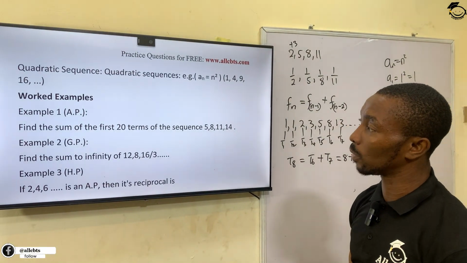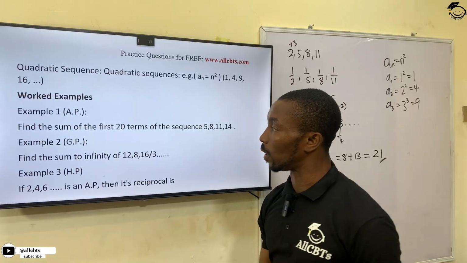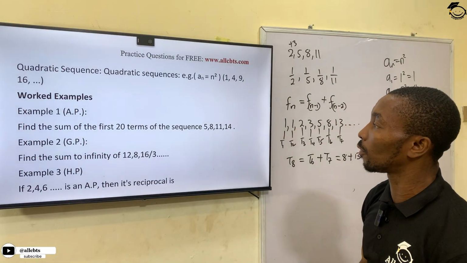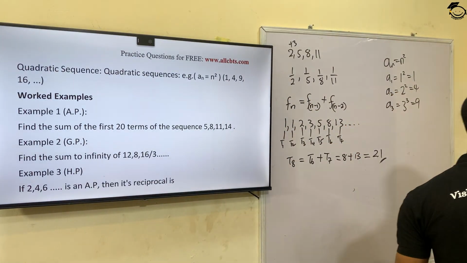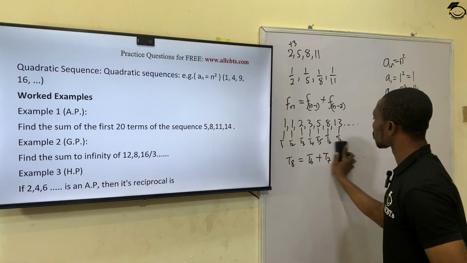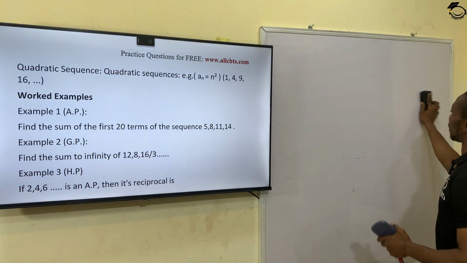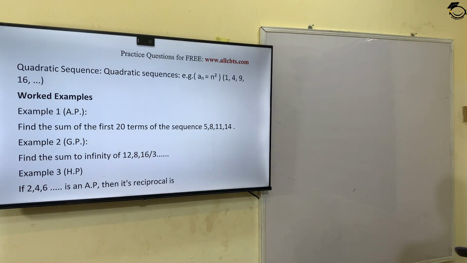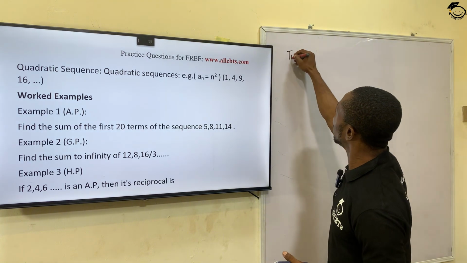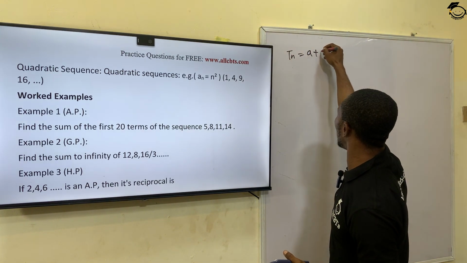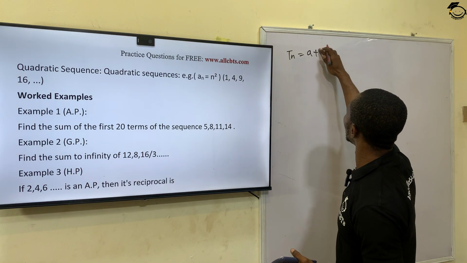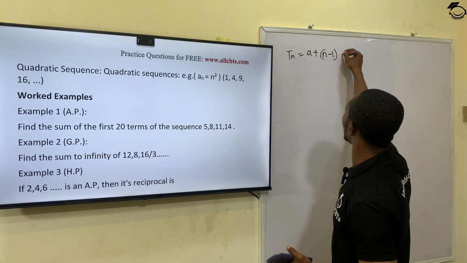Now, the first example deals with AP, and it says find the sum of the first 20 terms of a sequence. If we look at our formula for AP, for finding the nth term, we have Tn equals a plus n minus 1 d.